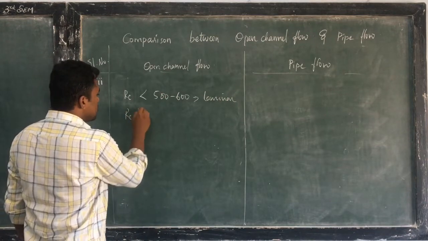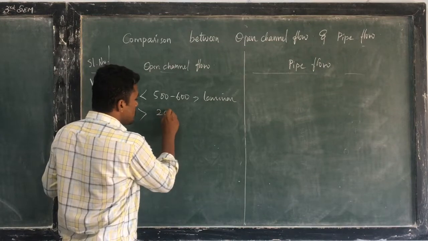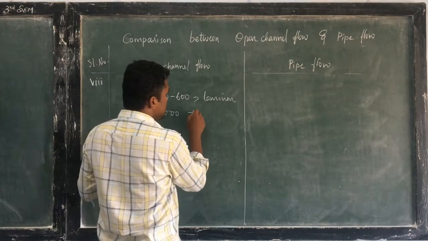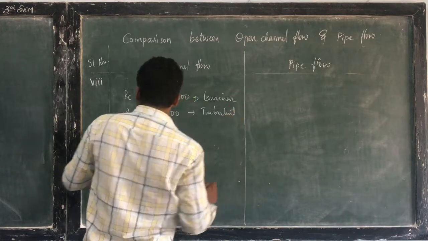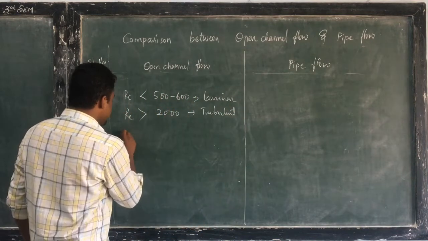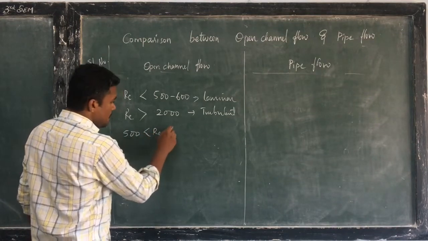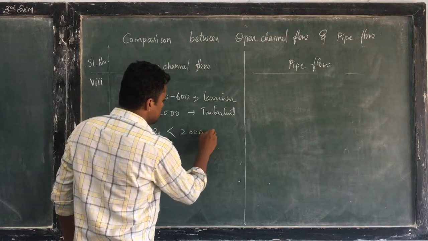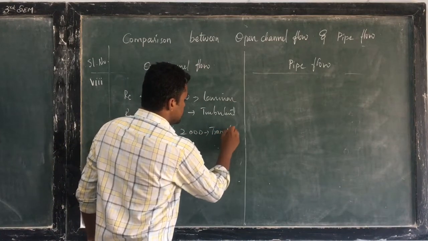If the Reynolds number is more than 2000, then the flow is considered turbulent. If the Reynolds number is in between 500 to 2000, then that type of flow is considered transition.